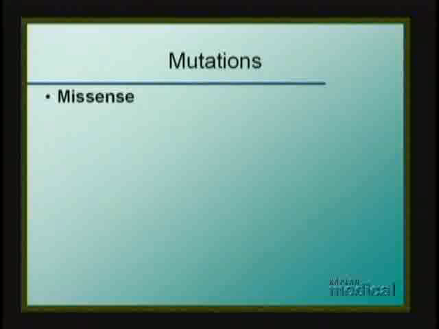Sickle cell disease is the most famous example of a disease caused by a missense mutation. The mutation is in the gene coding for the protein beta globin. There is a mutation in the mutant beta globin allele that will change a glutamate to a valine in the beta globin protein. That's referred to as a missense mutation.